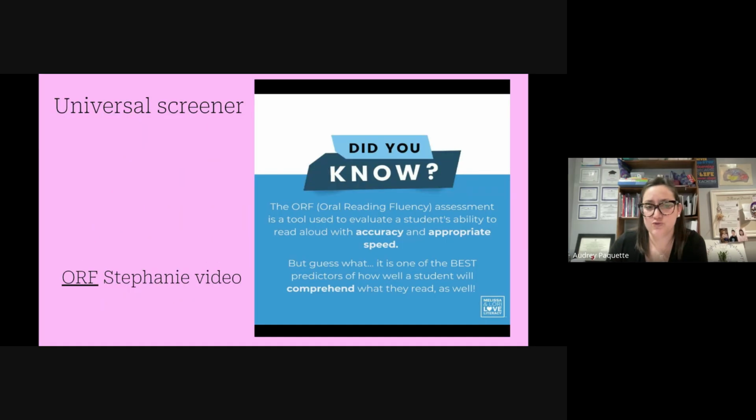So a universal screener, for example, the ORF, the oral reading fluency, is an assessment. Misconception is that people are like, oh, it's how fast you read. No, that's not what it is. It really is an assessment tool that is used to evaluate a student's ability to read aloud accurately with the appropriate speed. But it's also one of the best predictors of how well a student will comprehend.